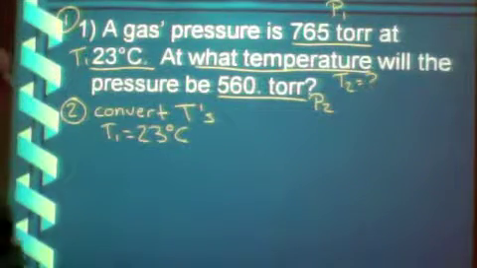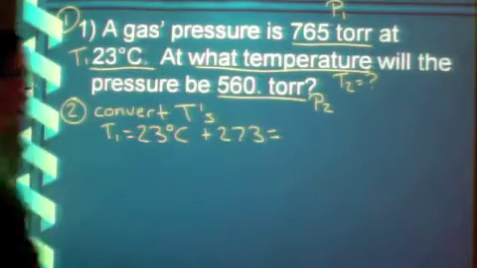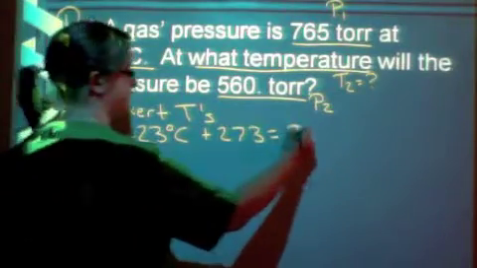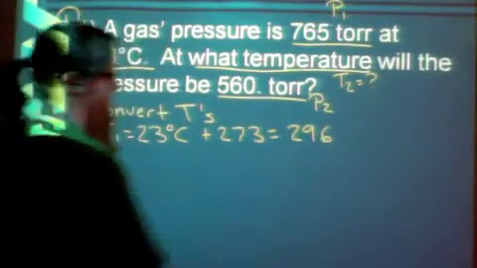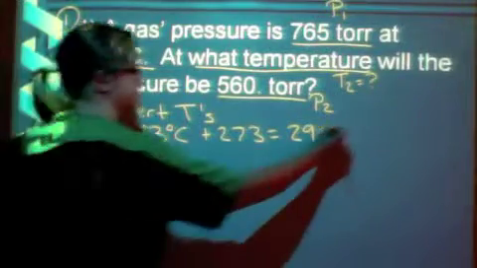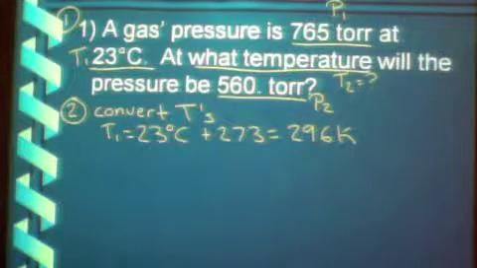We need to change it to kelvins by adding 273. So when we add 273, we get 296. Okay, that's step two, is to convert your temperatures.